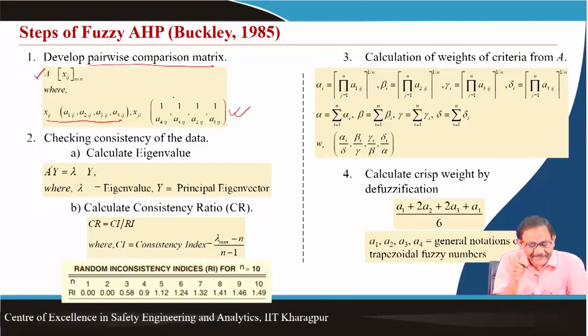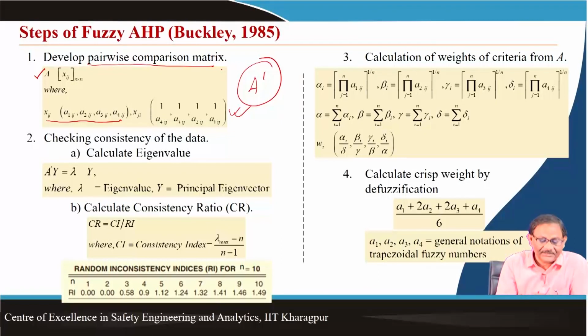Then, as I told you, the next part is what? From here, you convert this A to A dash. A dash is the defuzzified value, fuzzy to defuzzified. After that, you use A dash here and find out the eigenvalues, lambda are the eigenvalues.